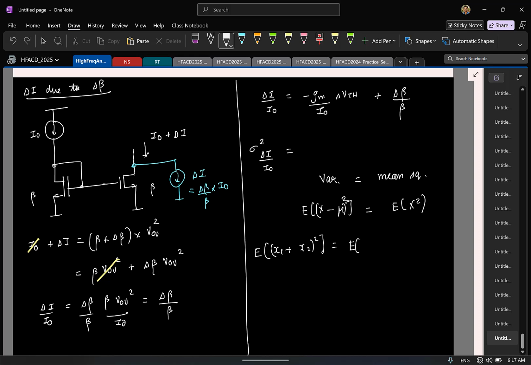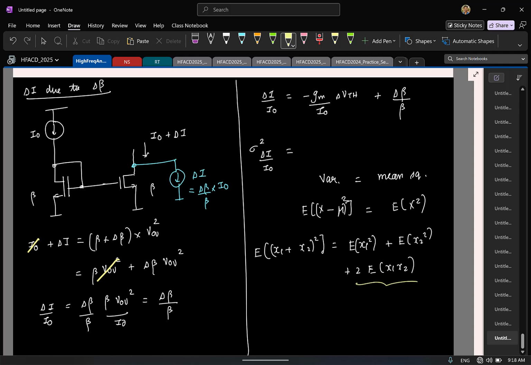Expected value of x1 square plus x2 square plus 2 times x1 x2. Now if I say that delta Vth and delta beta are independent, which is in fact the case, they have no correlation. If the two variables are independent, how can you simplify this?